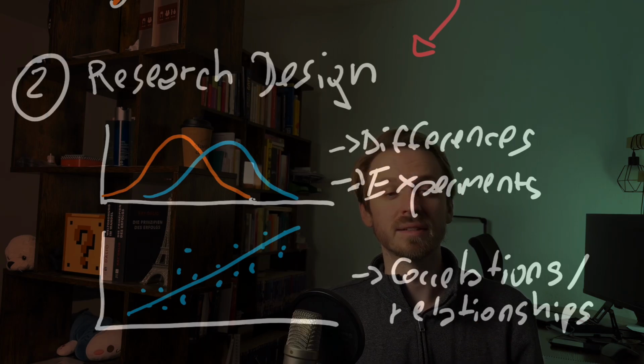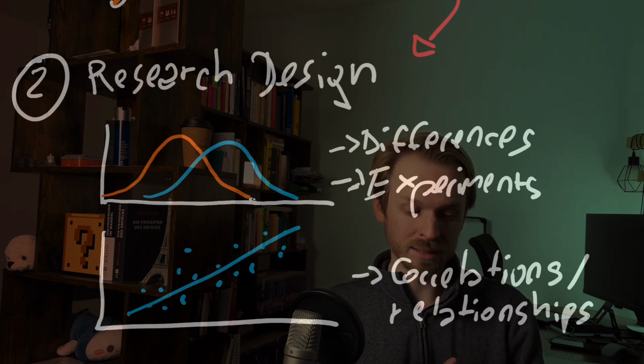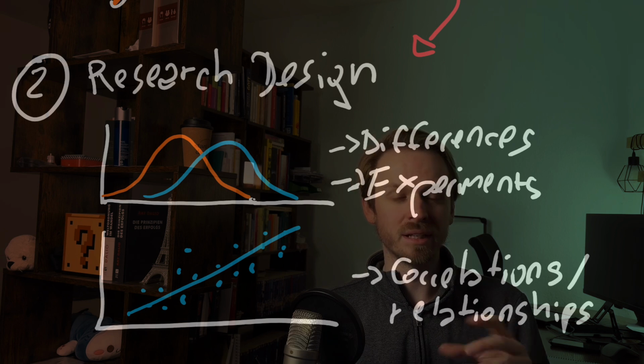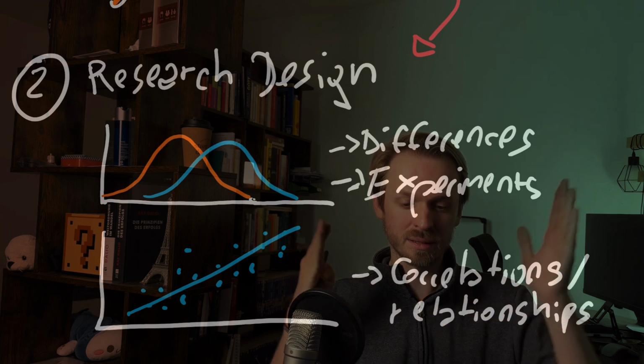The research design is defined by how you want to collect your data and what data you want to collect. If you try to get differences, you can always use stuff like, I have two different groups which are manipulated in a sense. So you have one group that drinks coffee and one group that does not drink coffee. You can compare those two groups.